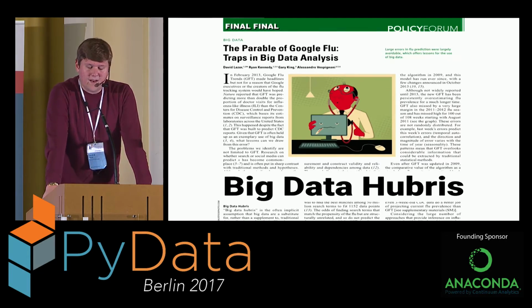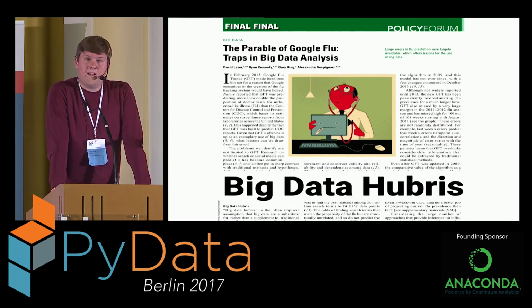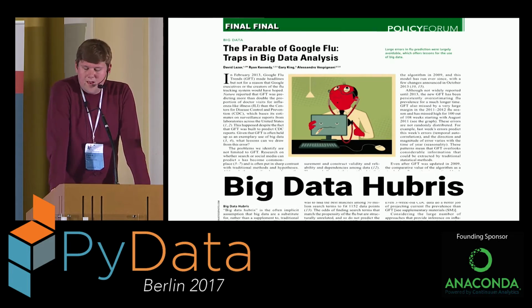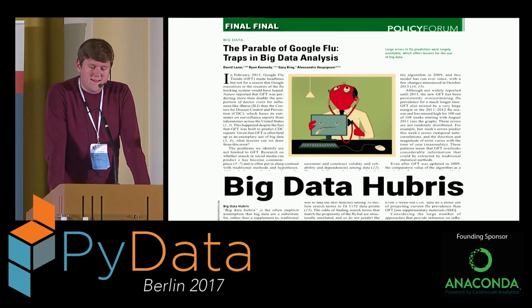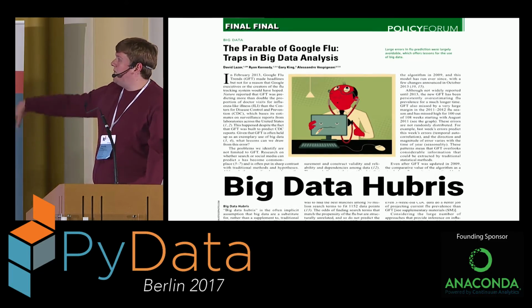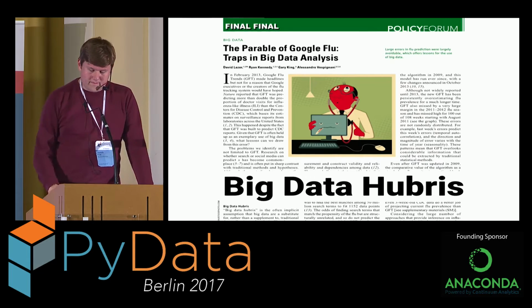So there's this big data hubris and the algorithmic dynamics. So algorithmic dynamics means that the Google search engine is always changing. So engineers are making changes every day to improve it as a commercial service. But this did basically create feedback loops and led to huge overfitting in the algorithm.